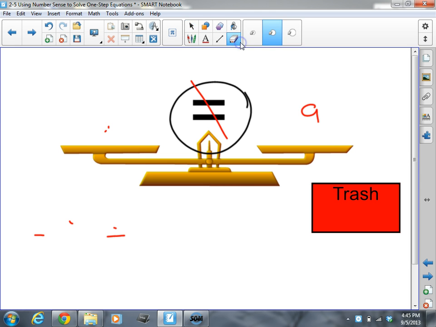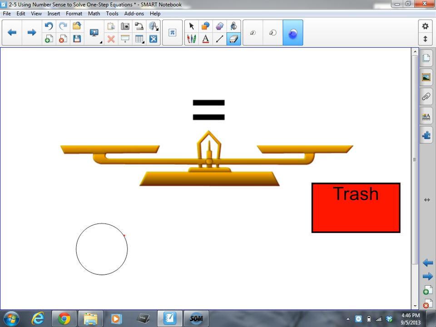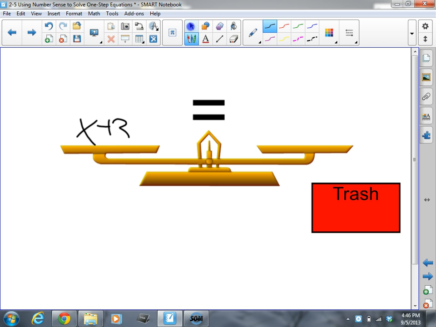Now, I want you to think of one more thing. I want you to think of these equations and these equal signs as, I need to figure out sometimes what makes it equal. So for example, if I was going to put x plus 3, so x is my variable, x plus 3 on one side of the equal sign, and then 6 on the other side, the question is this: how do I make these two sides equal?